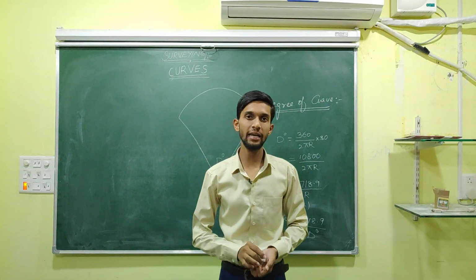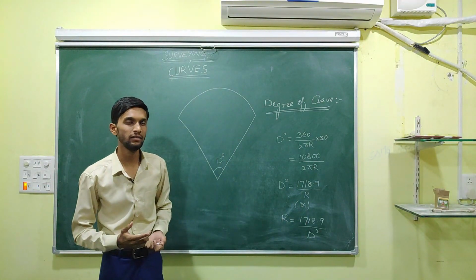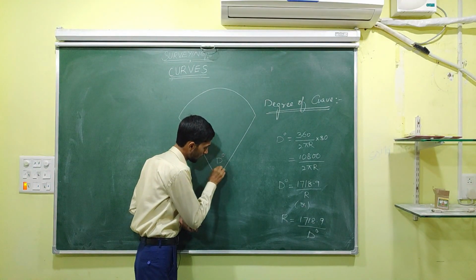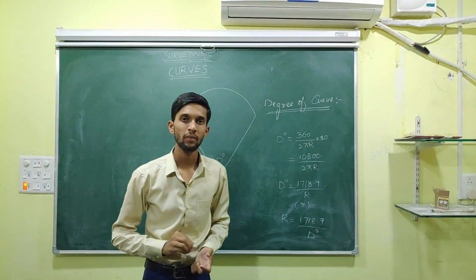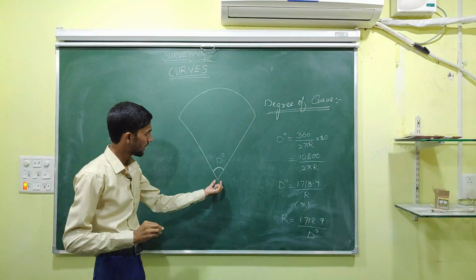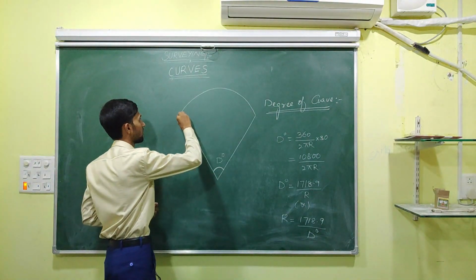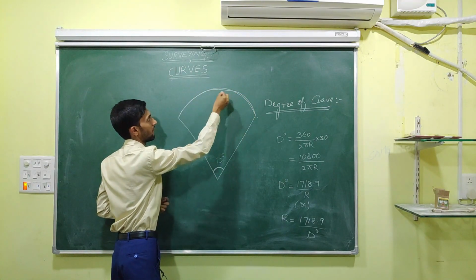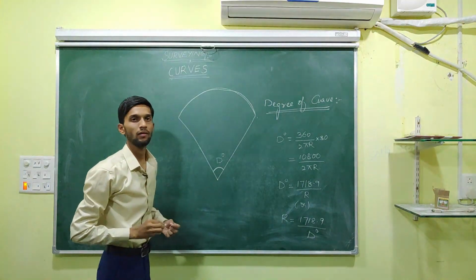What is degree of curve? Degree of curve may be defined as the angle subtended at the center of an arc. This is our arc, and this is the angle subtended at the center.